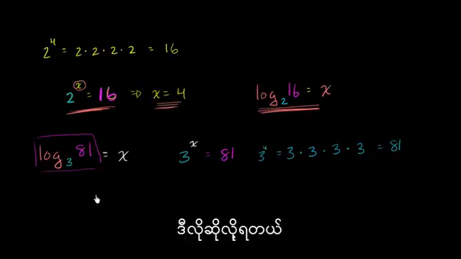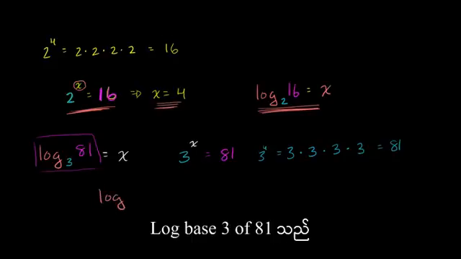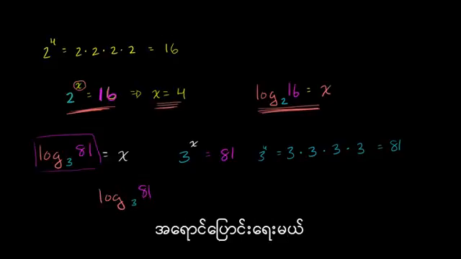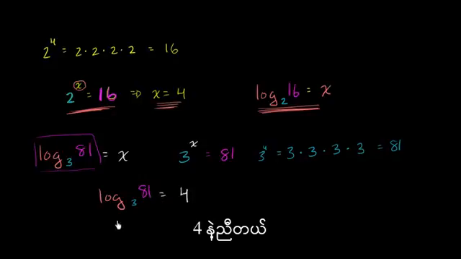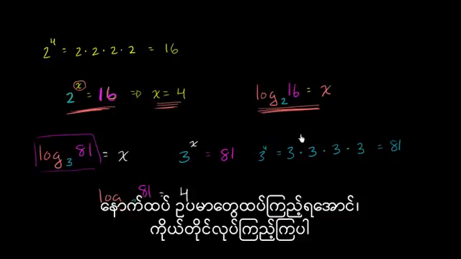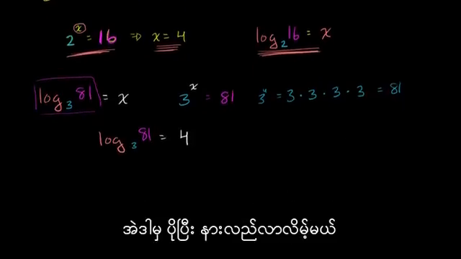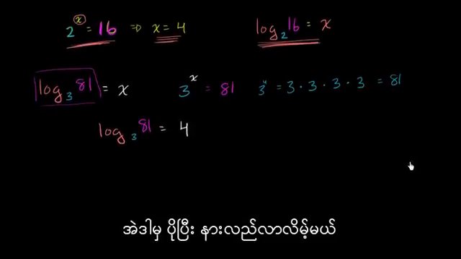So we could say log base 3 of 81 is equal to 4. Let's do several more of these examples, and I really encourage you to give a shot on your own, and you'll hopefully get the hang of it.